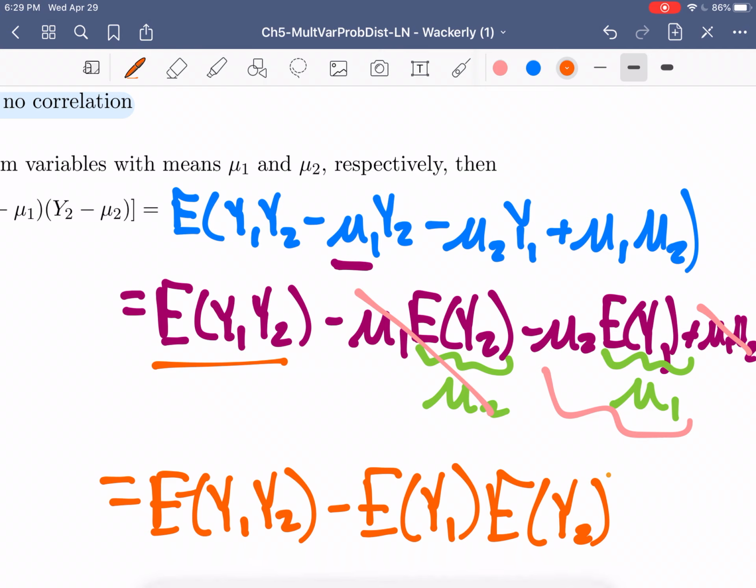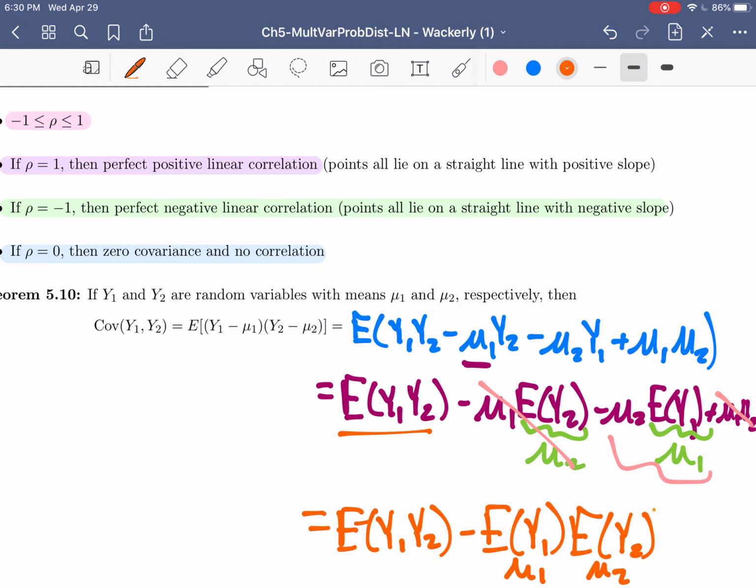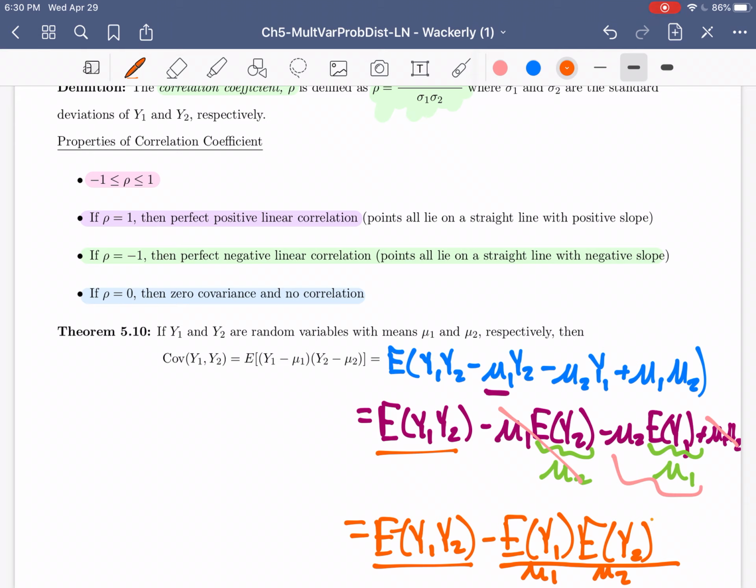That expected value of y1 we might write as mu1, and that expected value of y2 we might write as mu2. So you might see this in some slightly other ways. But this last theorem says the covariance is the expected value of the product of y1 and y2 minus the product of the expected values of y1 and y2. All right. In our next video, we'll take a look at a couple examples of these things. We will see you guys there.